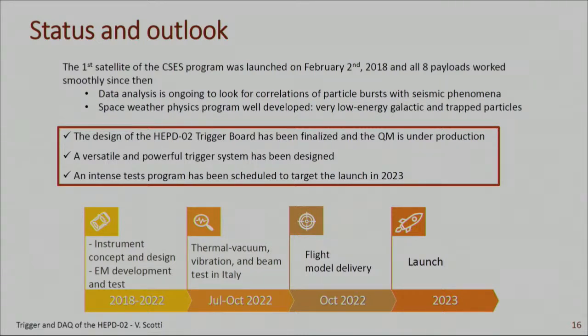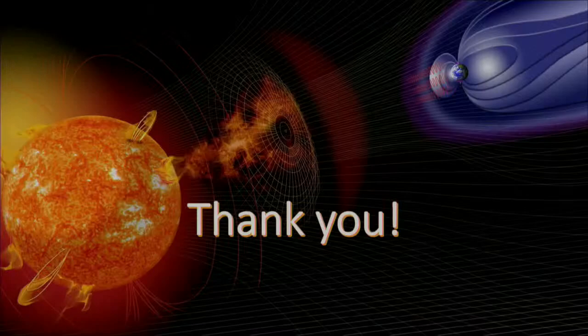Now the qualification and the flight model are under production, and we will test them in thermal vacuum, vibration, and EMC tests. The flight model delivery is scheduled for October, for a launch which will hopefully be in 2023. So, thank you.